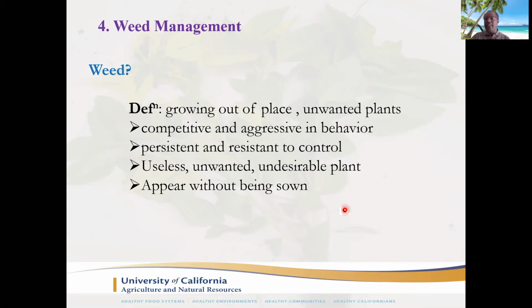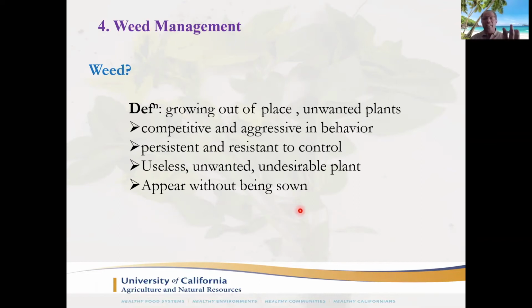You don't see them feed on the plant. What they do is compete through the roots for nutrients. They compete through the canopy for light, and that is what they are doing. They are actually not different from insect pests, pathogens, or nematodes in reducing the yield of your crop.